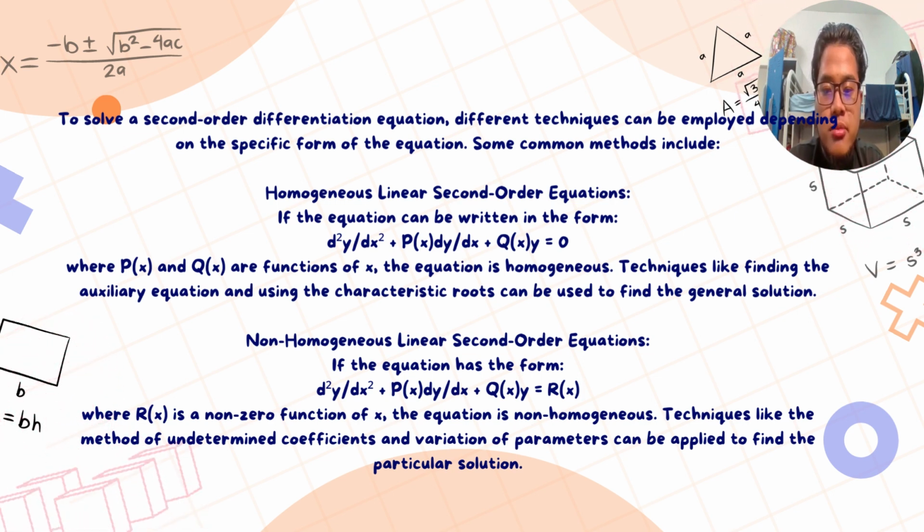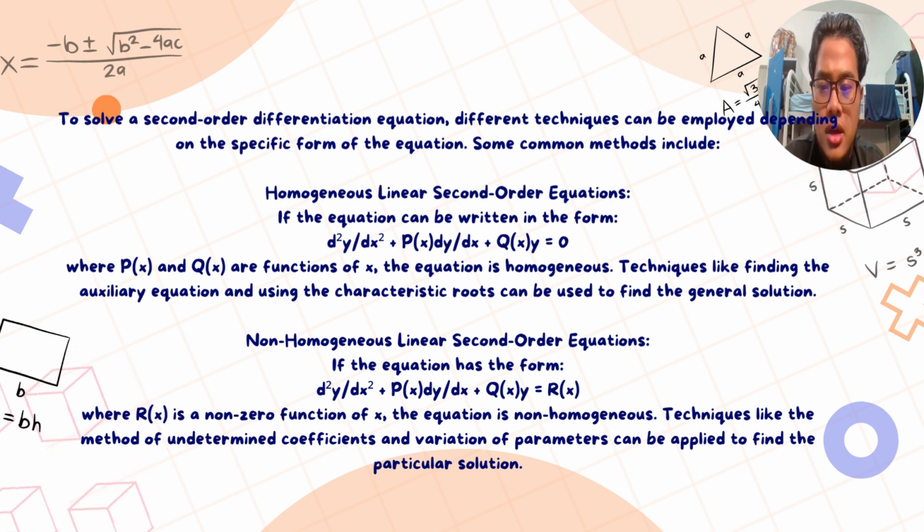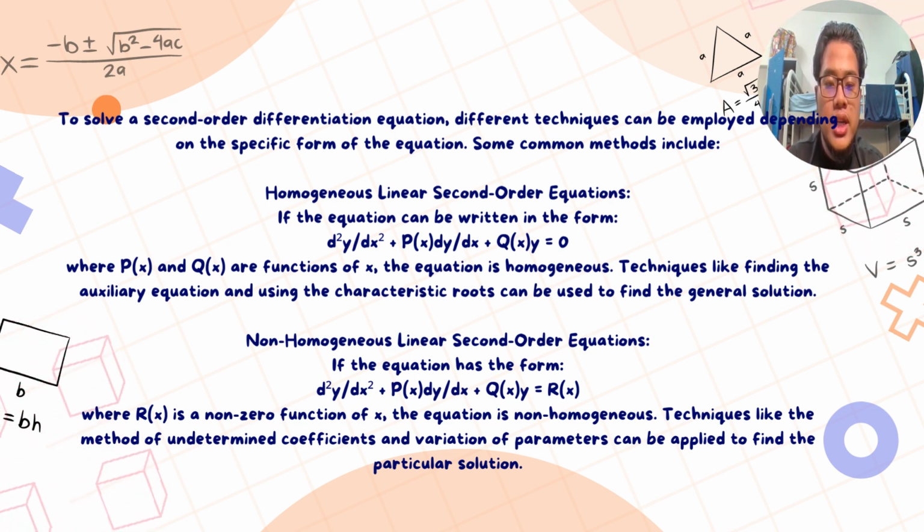If the equation can be written in the form d²y/dx² + p(x) dy/dx + q(x)y = 0, where p(x) and q(x) are functions of x, the equation is homogeneous. The technique is finding the auxiliary equation and using the characteristic roots to find the general solution.